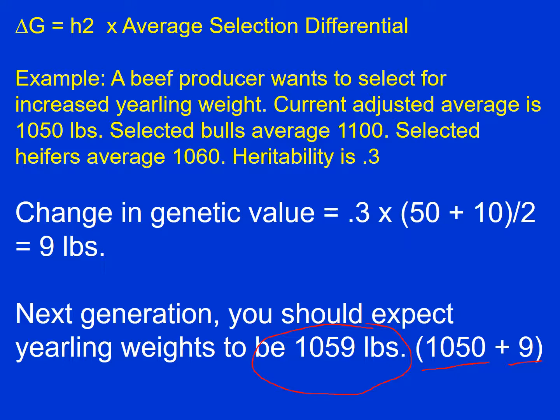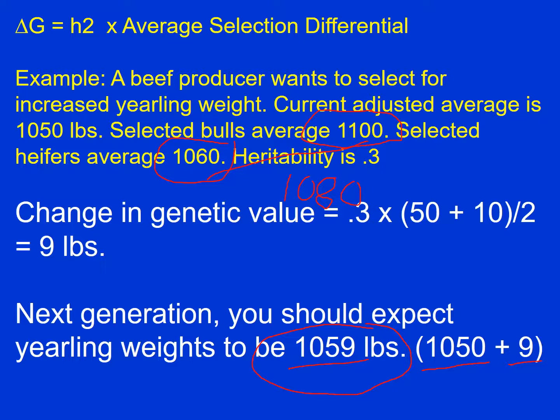Our bulls, the parents, averaged 1,100 pounds on the male side. Our cows average 1,060. If we look at the average of our parents, they actually averaged 1,080. Yet we're only at 1,059.